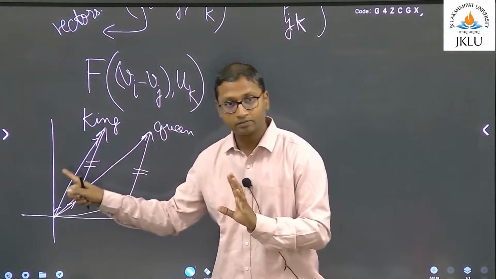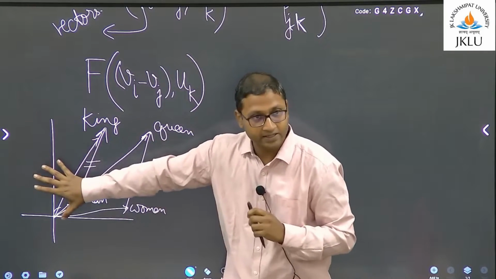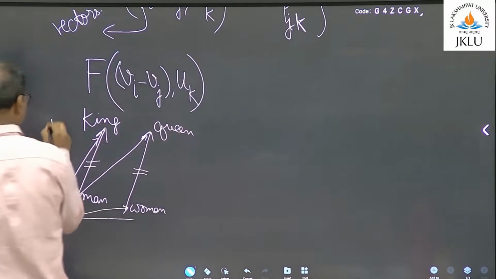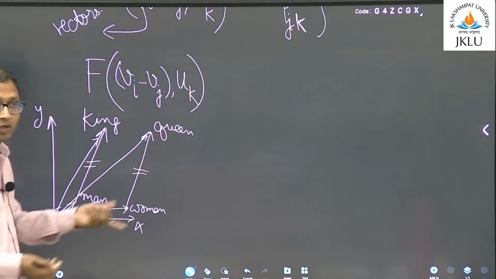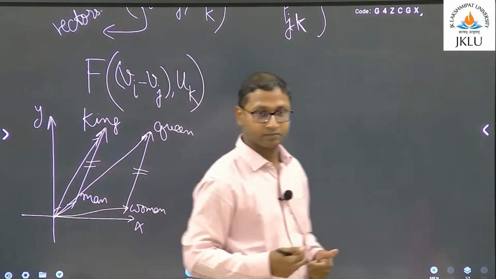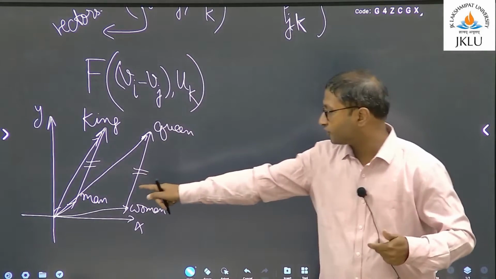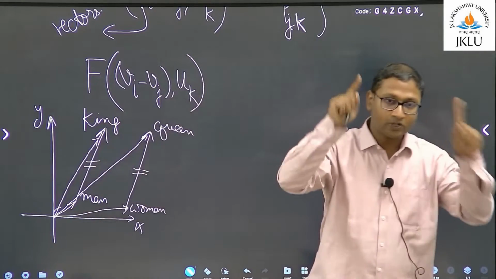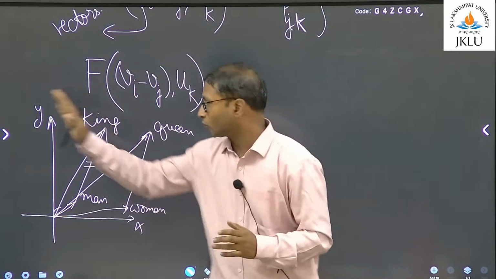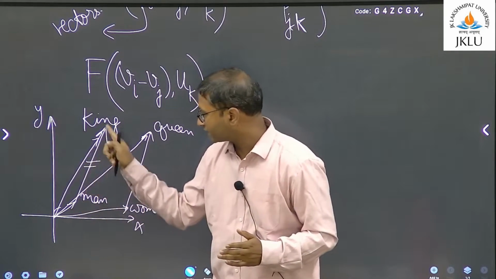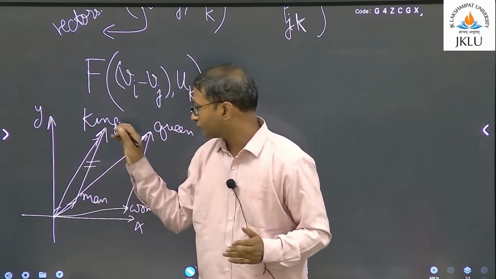If I take my y axis, x axis, and rotate this by 90 degrees, will these vectors change? Will their absolute values change? If you rotate, this vector now gets changed, the values here.